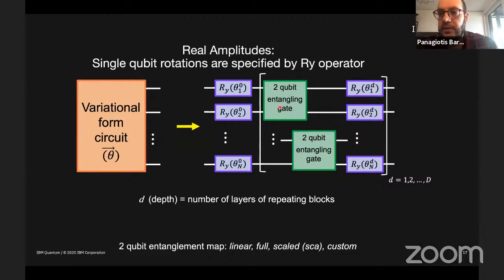The advantage of this variational form is that you can use all of the native gates that you have available in your hardware without limiting yourself to a certain structure. For the layer of entangling gates, you can use any type of connectivity that's available in your hardware, with the limitation that you need to repeat it d times.